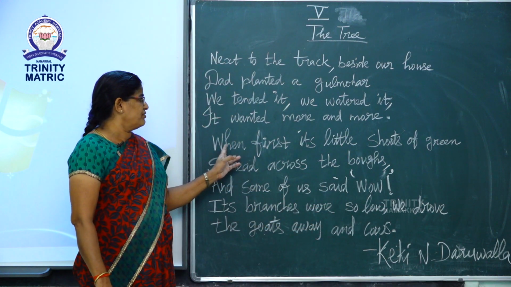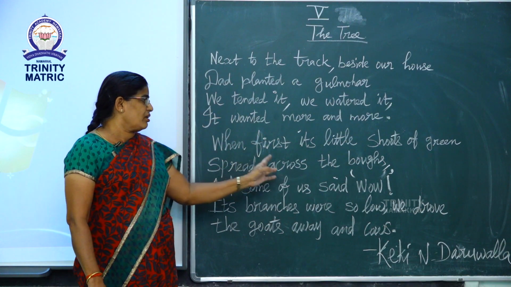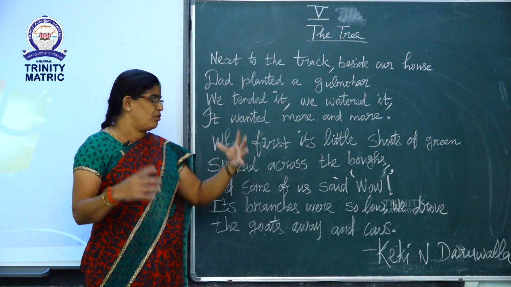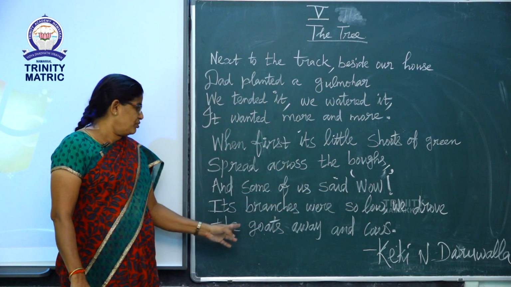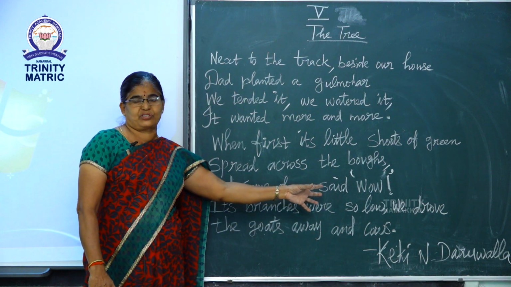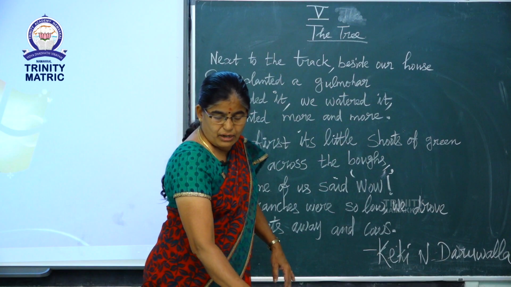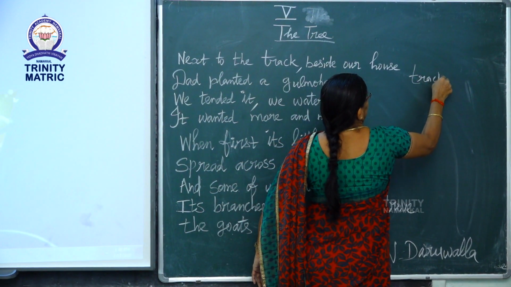Once again, when first little shoots of green spread across the boughs, and some of us said, wow, its branches were so low, we drove the goats and cows away. So, you understood, children? What is the meaning of track? Track means path.